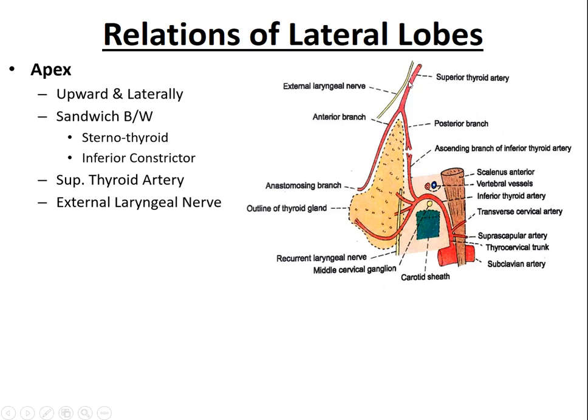These two structures are nearer to each other as they approach the apex, and they move apart as they go away from it. This relation is important because when we do the surgery we have to ligate the superior thyroid artery, and we ligate it near the apex so that the external laryngeal nerve is not injured.